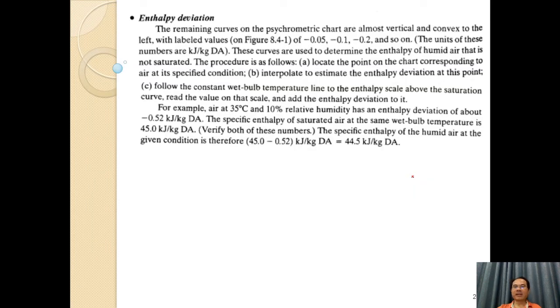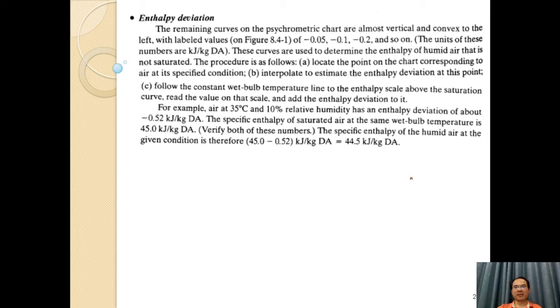Entropy deviation has the same unit as the entropy. The curve is used to determine the entropy of humid air that is not saturated. For this case, if the humid air is not saturated, we have to subtract the entropy deviation from the entropy at saturation that I showed you previously, for the unsaturated humid air.